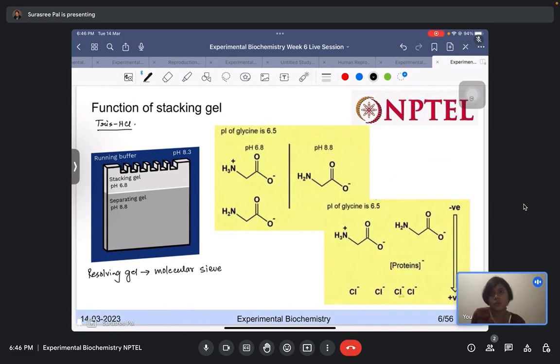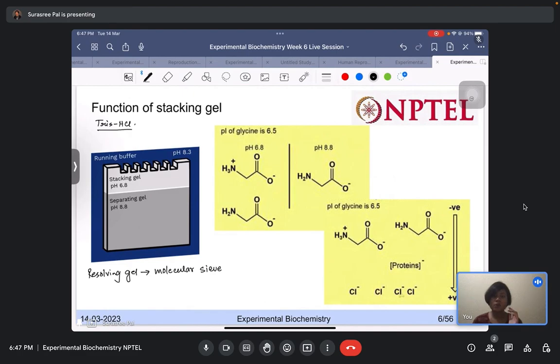Now the molecules which are large will not be able to migrate through small pores, right? So this resolving gel has larger pore size and smaller pore size both. Now the large molecules will only be able to migrate through the large pores, but not through the small pores.